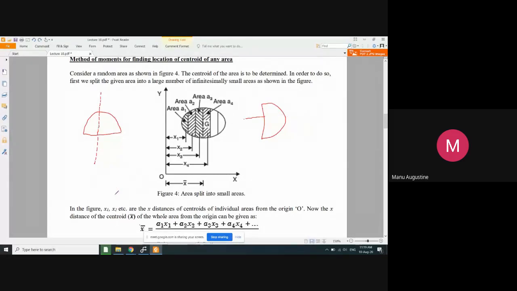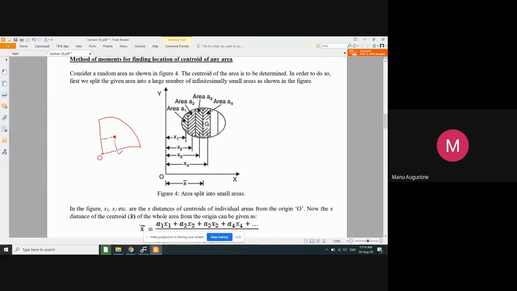Similarly, you also learned that instead of a semicircle, if you have a quarter circle, again the same 4r upon 3 pi distance is repeated. So if this is the centroid of the quarter circle, then the distance is measured by taking this point as origin.